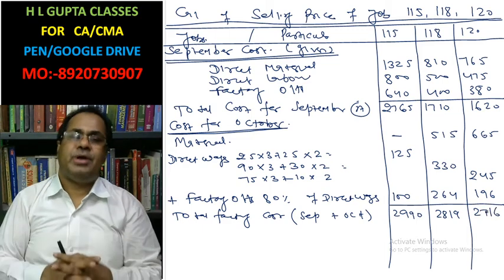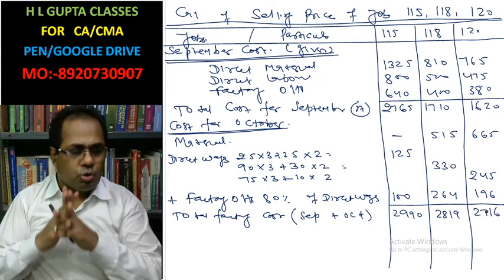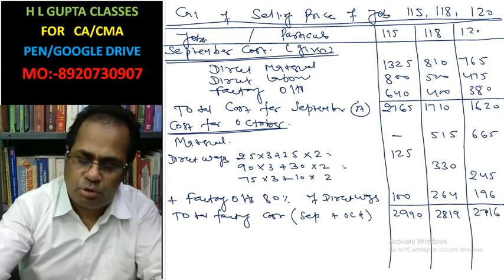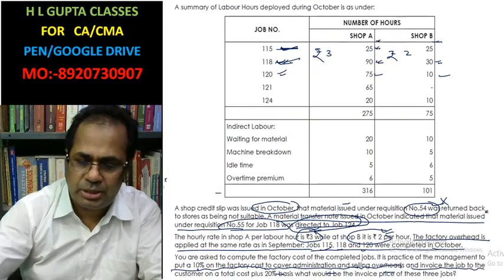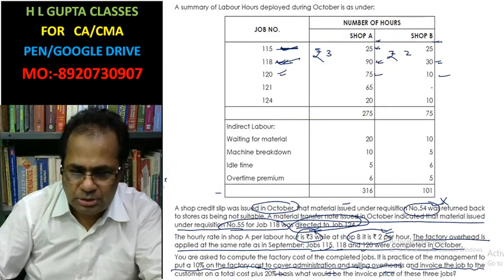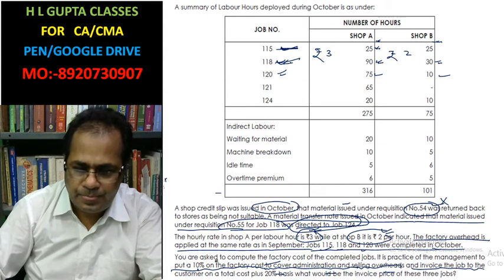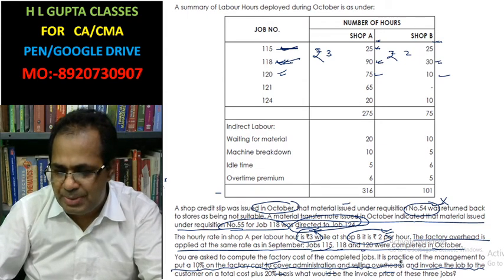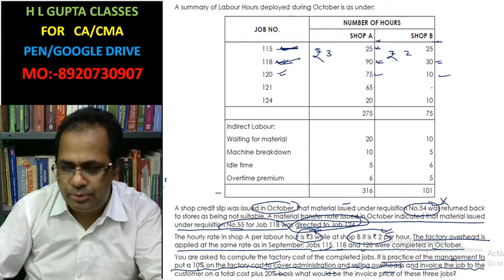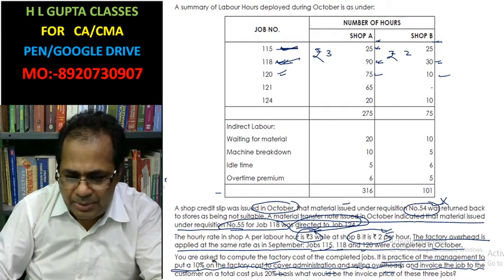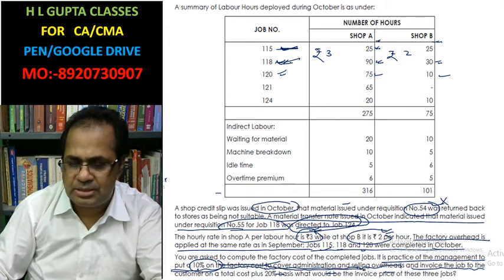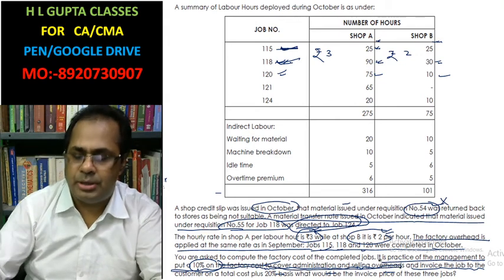After calculating factory cost, in the question it is given administrative overhead is 10% of factory cost. That is given in the question here. Look at here. 10% of the factory cost for the completed jobs. It is the practice of management to put 10% on the factory cost to cover administration and selling overhead.